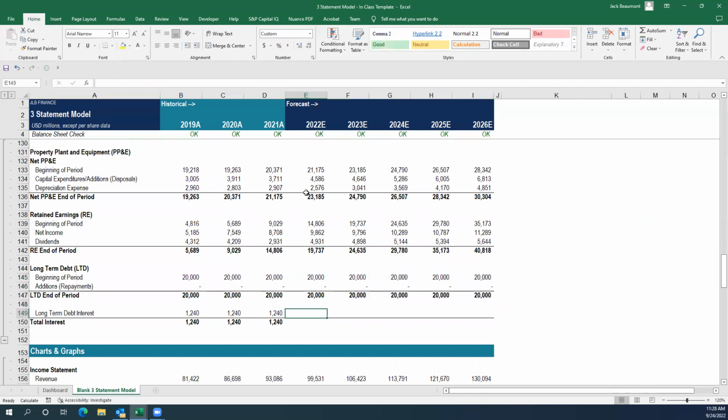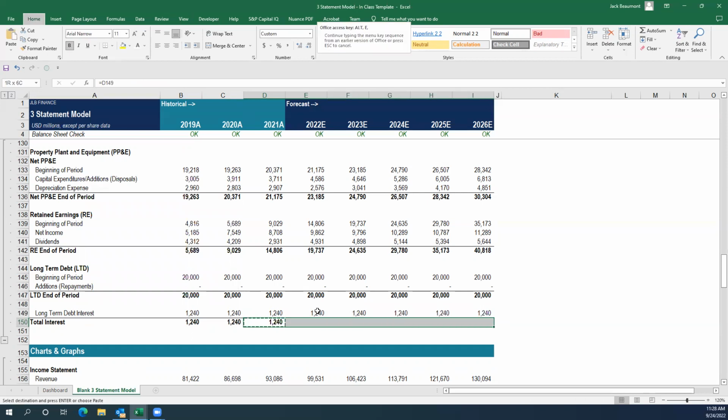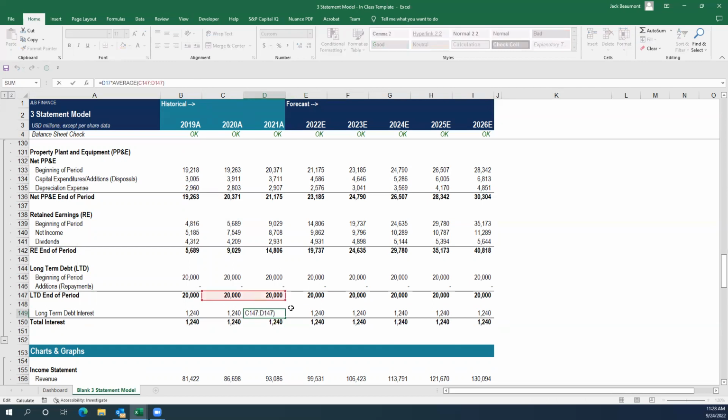And this is, copy that across. It's just calculating your interest. We already did that. So just taking the average of the beginning and ending, because we might not know when we're actually making our payments.